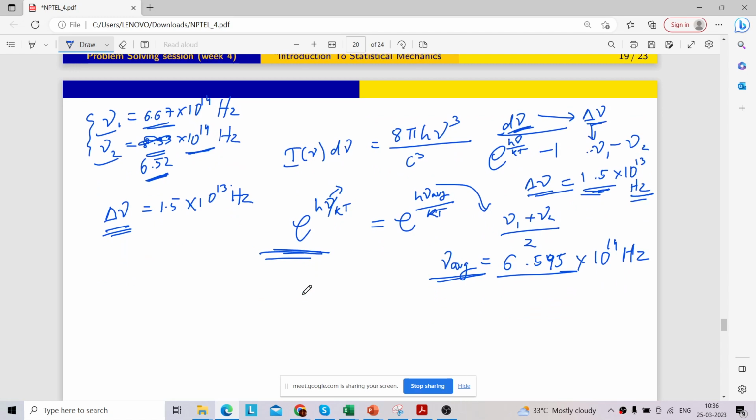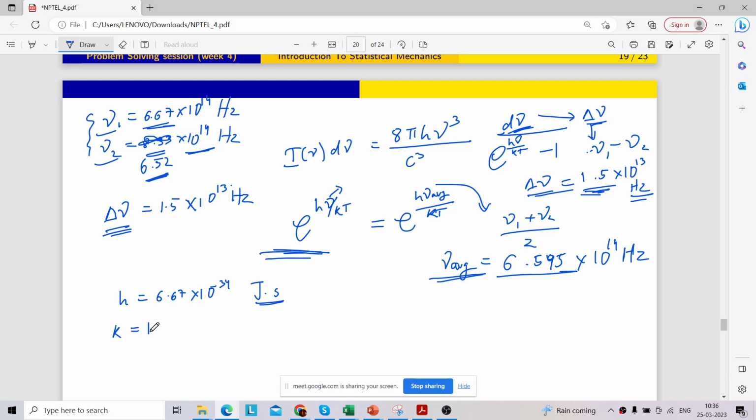I know the Planck's constant value h is 6.67 times 10 to the power minus 34. What is its unit? Joule second, the same unit as angular momentum. Then another constant, the Boltzmann constant.